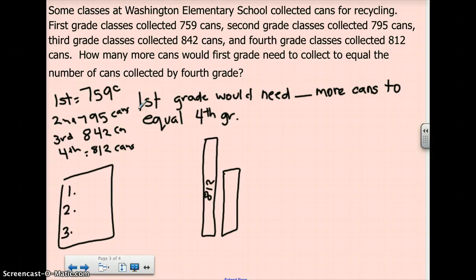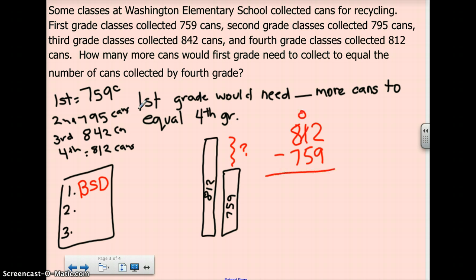And first grade has 759 cans. So what I'm trying to find out is this missing information. How many more than? So this is a bigger, smaller difference kind of problem. That's called a comparison problem. So they're going to take that 812 and subtract the 759 and find their difference.